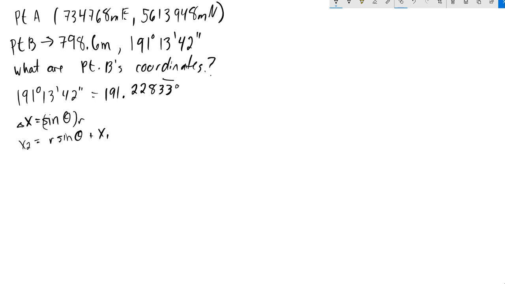So we have r, we have theta, and we have x1. So x2 equals 798.6 meters times sine of 191.22833, and then plus x1, which is 734,768 meters east.